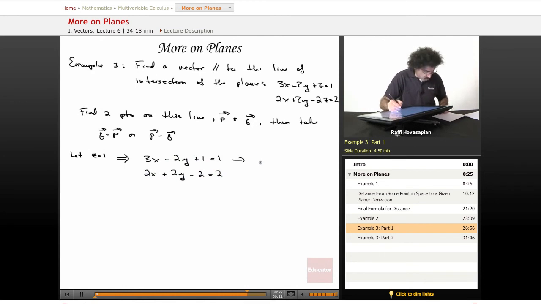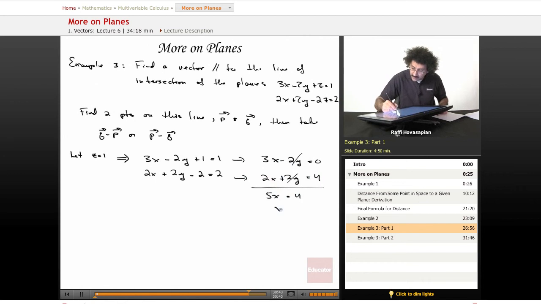So this equation becomes 3x minus 2y equals 0, and this equation becomes 2x plus 2y equals 4. Now I can solve this. I end up with 5x equal to 4, so x equals 4/5.